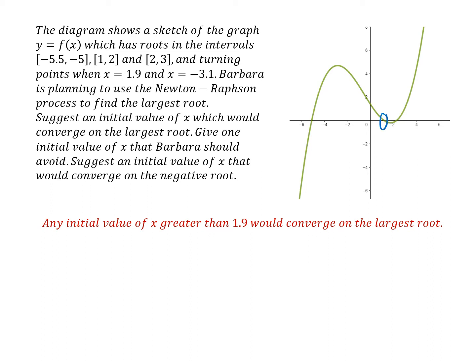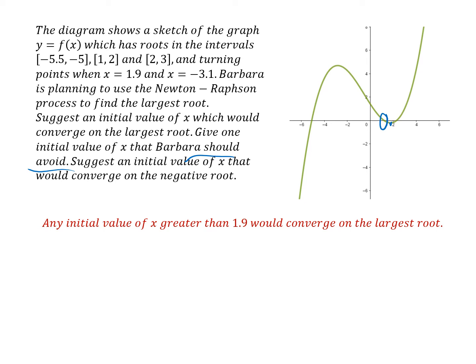So let's look at an initial value of x that should be avoided. That is the place where, if we chose here that value there at the turning point, then the gradient at that point is 0.